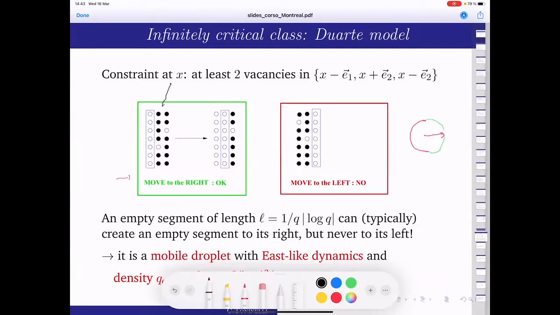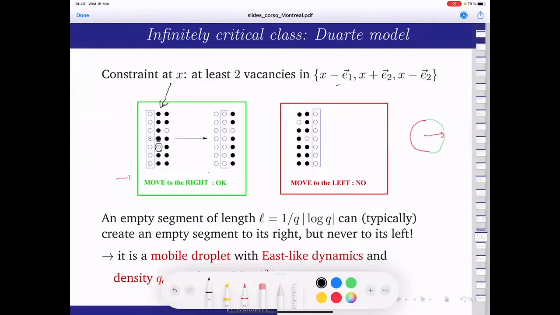if I had a completely filled configuration, nothing would be able to move. So the direction is stable. But as for the FA2F model, it is enough to put a single empty site to be able to unblock that direction. In fact, from this single empty site, I can now empty the site below and above it, because it has two nearest neighbors which are empty in this neighborhood, left, below, and above, and so on and so forth.